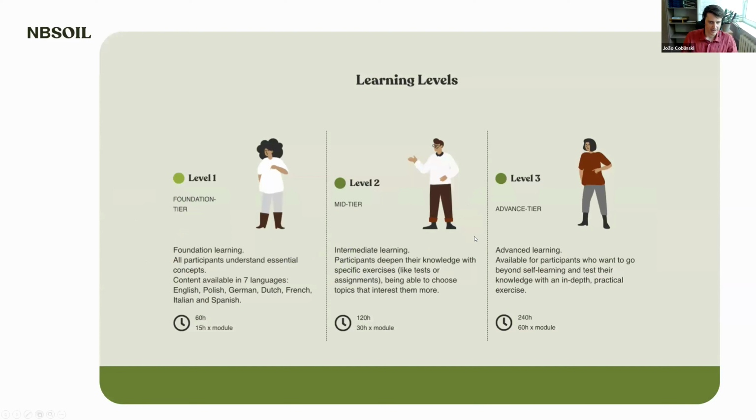When I'm talking about levels, that means that each module I presented before is divided into 3 levels. Each level has a different kind of learning, from basic to intermediary and advanced. For example, level 1 is a 15-hour level. It is foundation learning, so that all participants understand essential concepts.